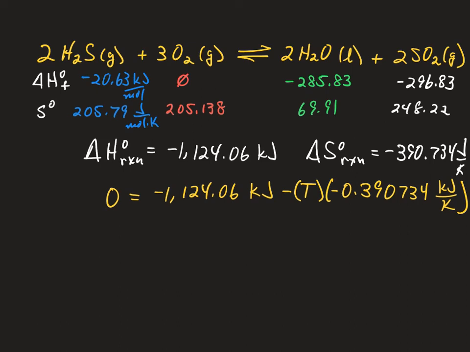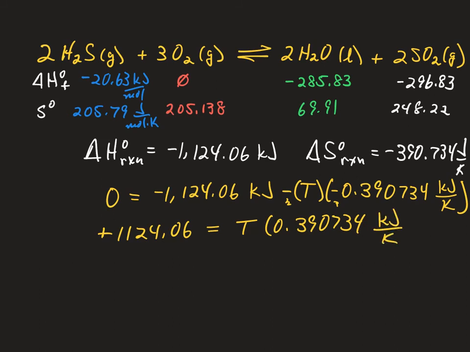If we add the enthalpy, we get plus 1,124.06 equals minus times minus gives us plus temperature times 0.390734 kilojoules per Kelvin.